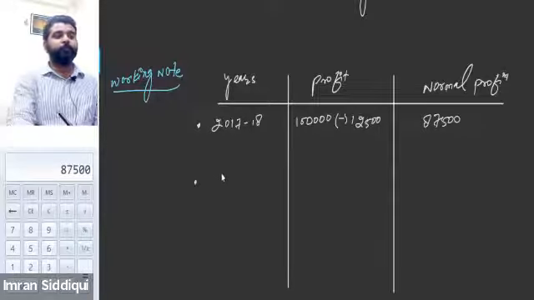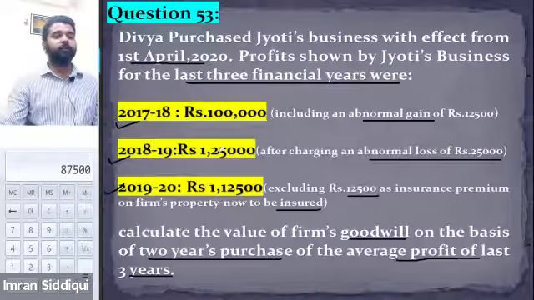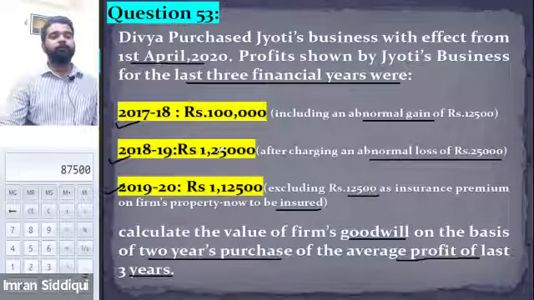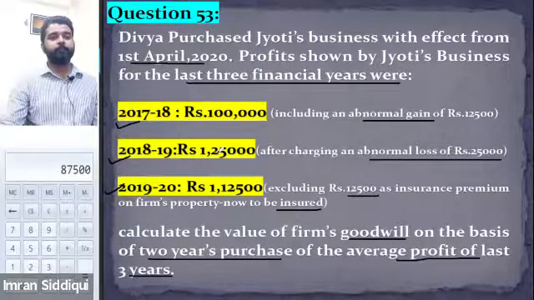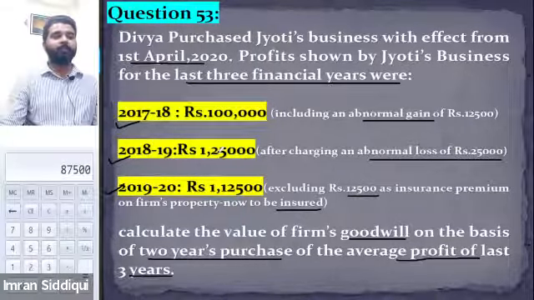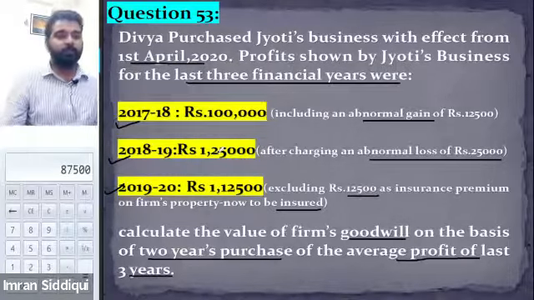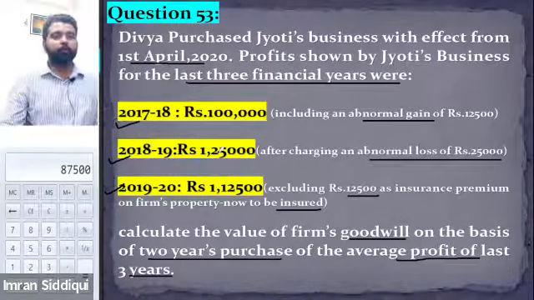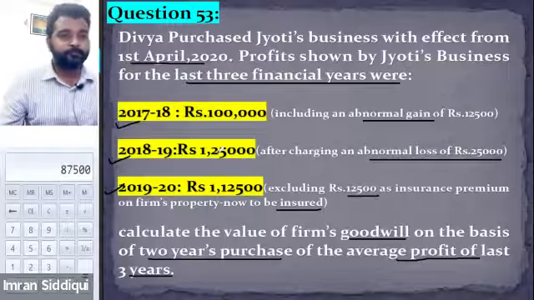Similarly, normal profit for the next year 2018-19. See, the profit given in the question is how much? Profit given in the question is 1,25,000. Is that right, everyone? Yes, sir. But that is calculated after charging the abnormal loss. So tell me, guys, how do we deal with the abnormal loss in order to find out the normal profit?